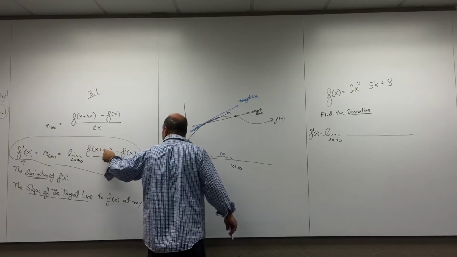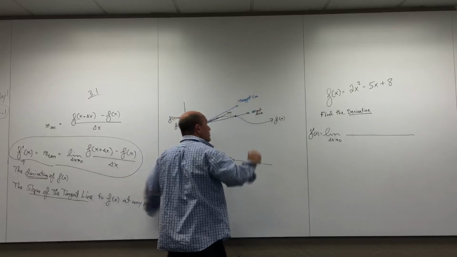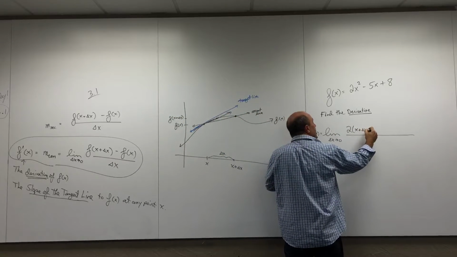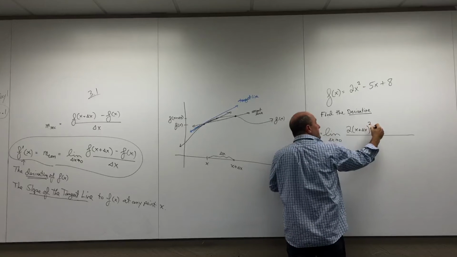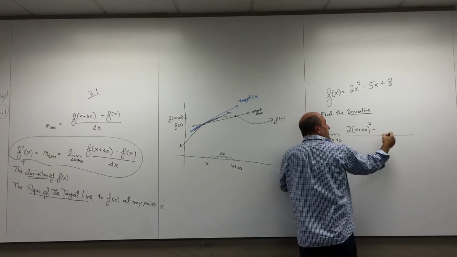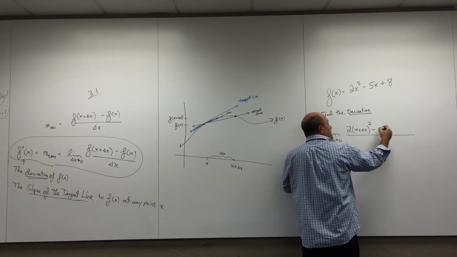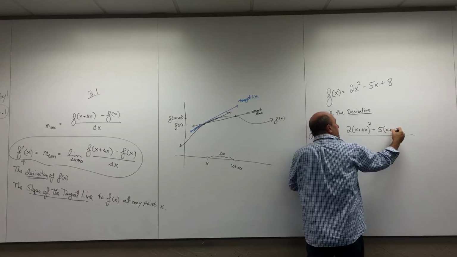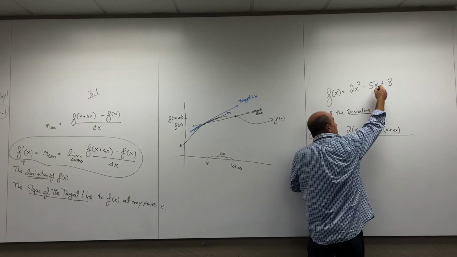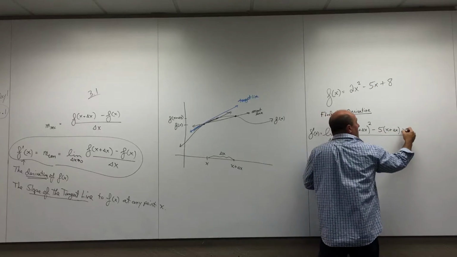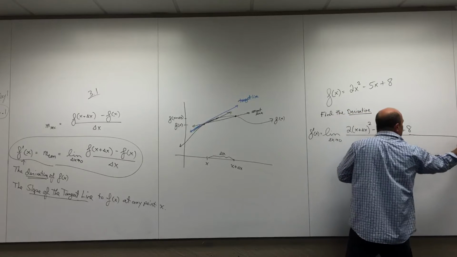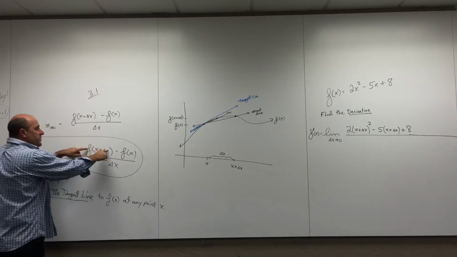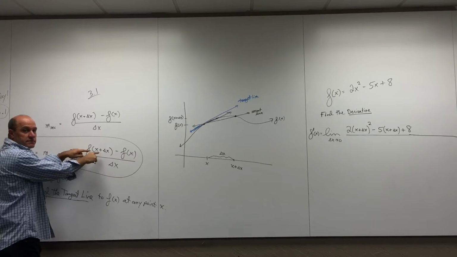Well, I got to take x plus delta x and plug it in my function. Some of you struggled with this question, so this is worth going over. You plug it in everywhere there's an x, plus 8. So what did I just do? I just stuck x plus delta x in the function.